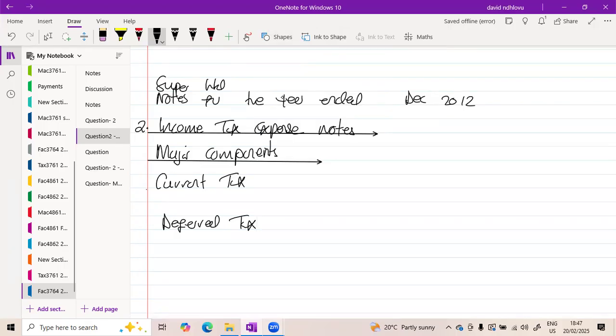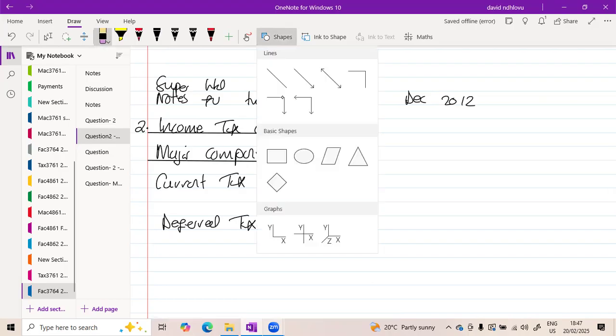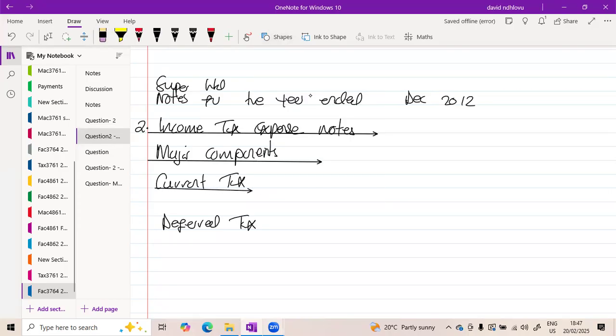You must be aware that if you made a tax loss, remember current tax represents the amount of tax that you must pay for a particular period as demanded by the taxation principles. So you can only pay tax if you made a tax profit for a particular year. If you made a tax loss, you cannot pay tax, so there won't be any current tax for that period. However, the tax loss can be carried forward and utilized in future periods to reduce the tax that you incur in those periods.